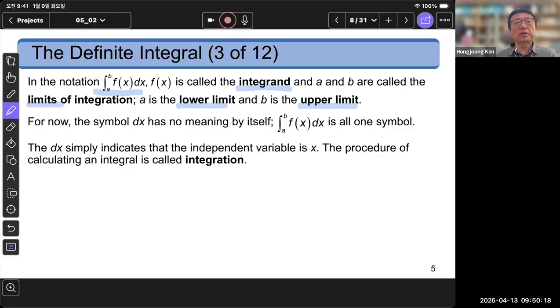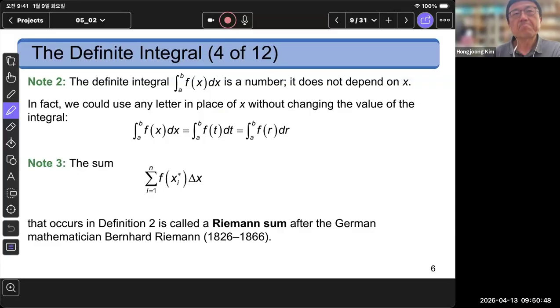And dx is simply a symbol indicating that our function f is given as a function of x. In other words, the independent variable is x. That's what this dx implies. The procedure of calculating an integral is called integration. And as I said, the definite integral represents the limit value, so it will be some number.